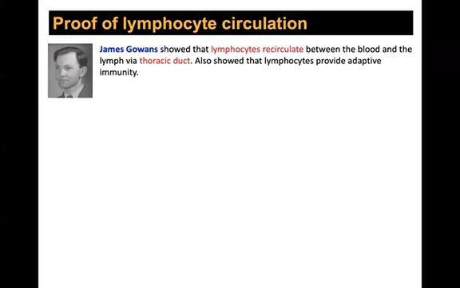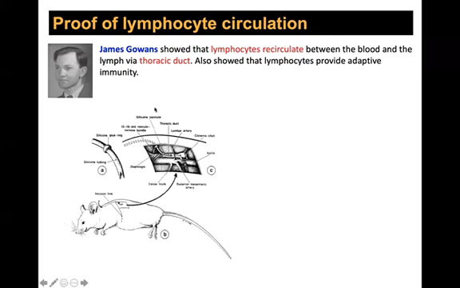And so he taught himself how to cannulate the thoracic duct. The thoracic duct comes out of the lymphatic system, and it sits right on top of the heart. And if you cannulate that, which is the process of sticking a rubber tube in there, you can collect everything that comes out of that duct and put it into a tube.